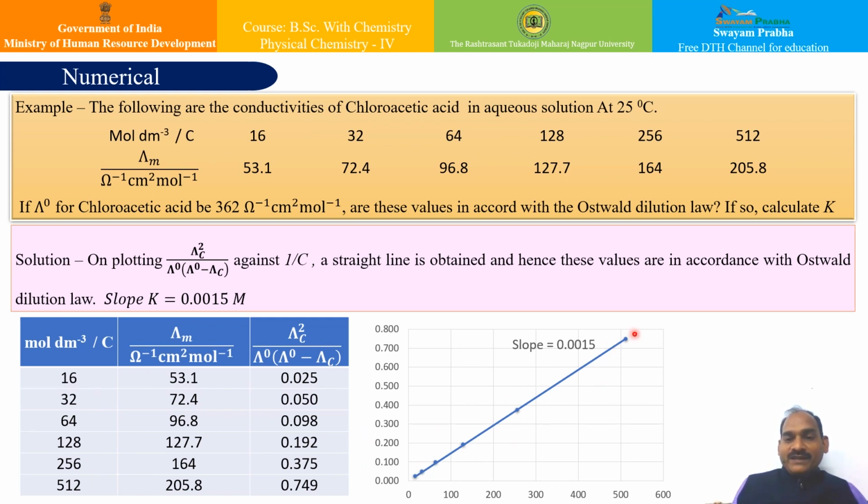Since we obtain this straight line, I can say that the Ostwald dilution law is followed. The slope of this line is 0.0015, and therefore the dissociation constant K of this weak electrolyte, chloroacetic acid, is 0.0015, and all these values are in accordance with the Ostwald dilution law.